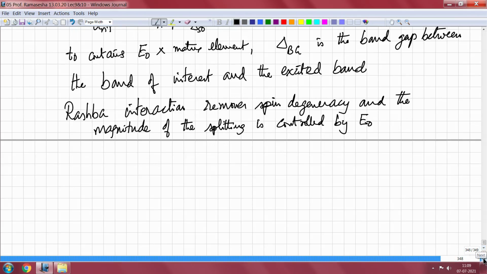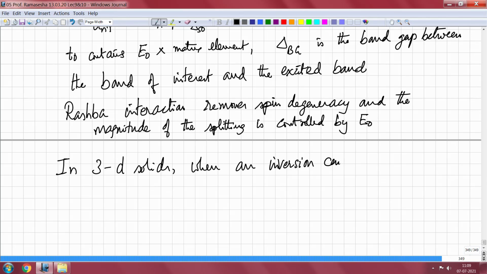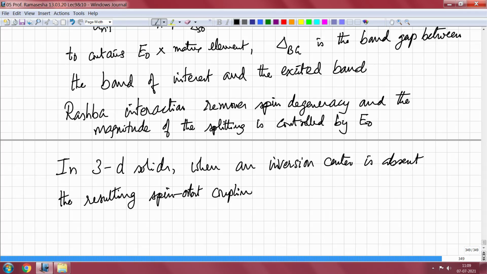The same thing, in 3D solids, when an inversion center is absent, the resulting spin orbit coupling is called Dresselhaus coupling.